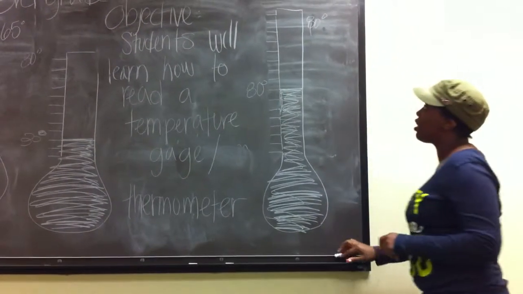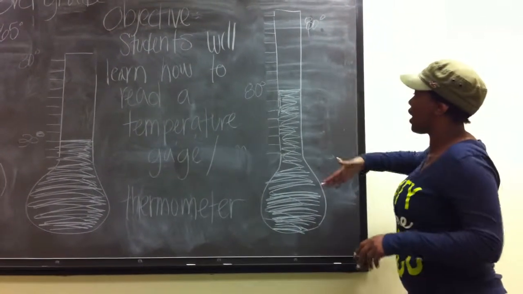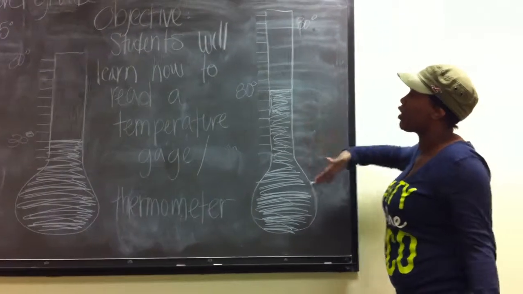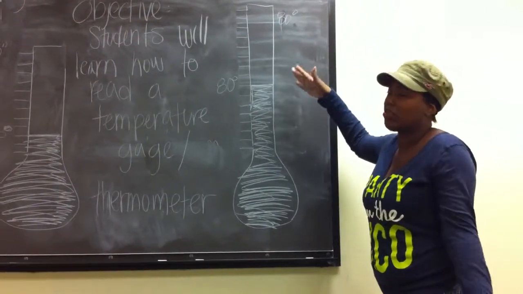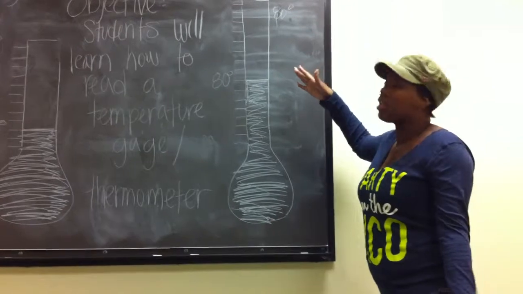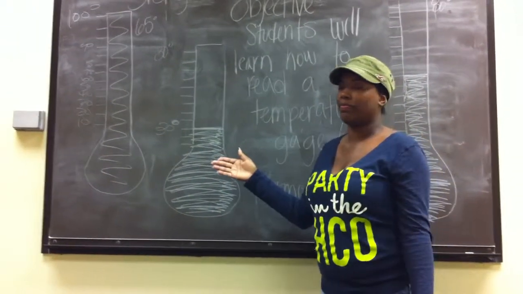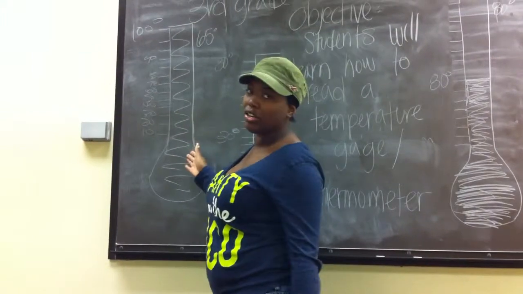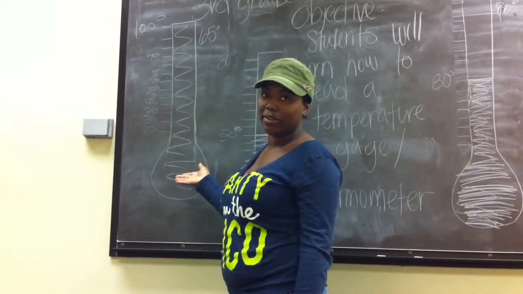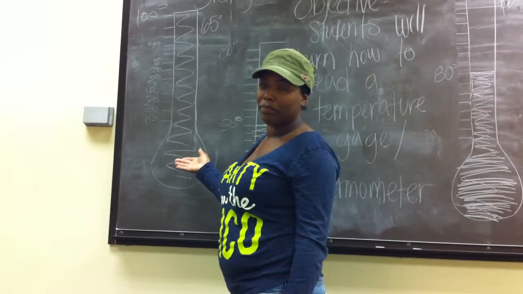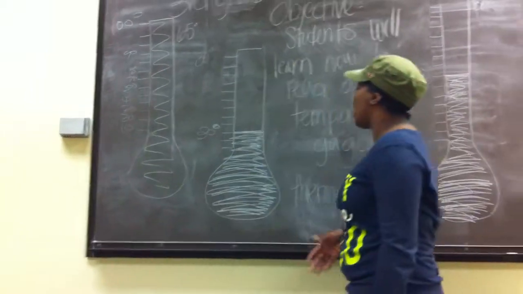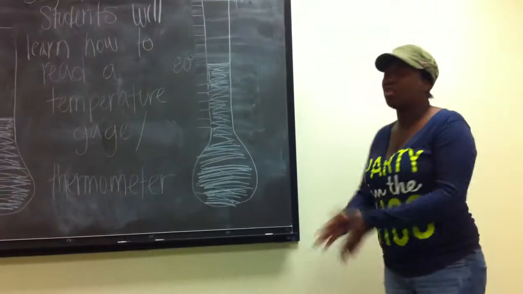We colored this one now. How many degrees is in this thermometer? 80 degrees. How many degrees is in this thermometer? 30 degrees. And how many degrees is in this thermometer? 100. 100, yes.